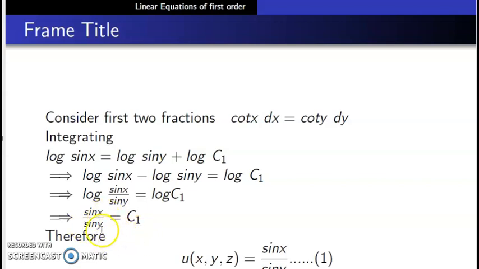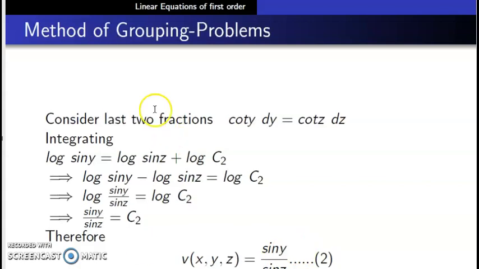So first you have got a function of the form u of x, y, z is equal to a constant. Therefore we have u of x, y, z is equal to, what is c1? Sin x by sin y. Next we have to consider the last two fractions. Cot y dy is equal to cot z dz.